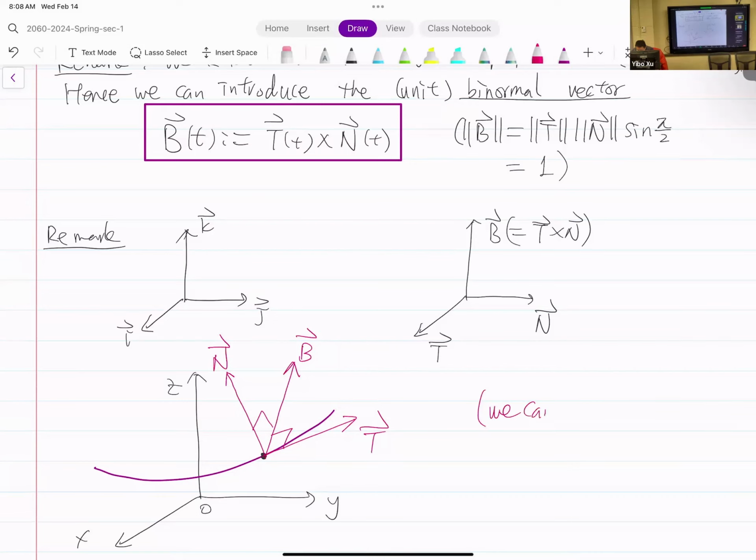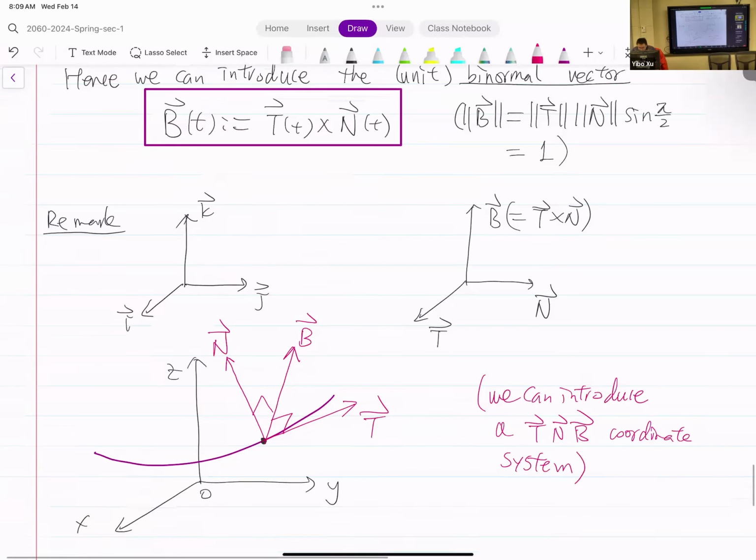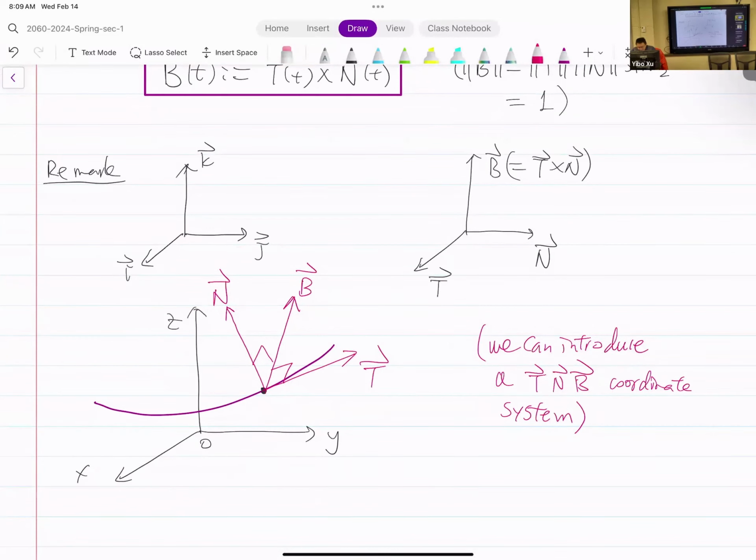So we can introduce a TNB coordinate system. And this can be constructed at any point along the curve, right? As long as you can differentiate your tangent direction to get the principal normal direction.